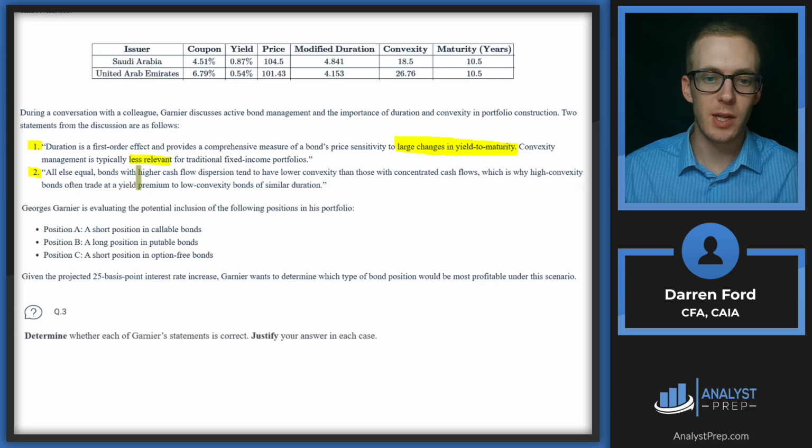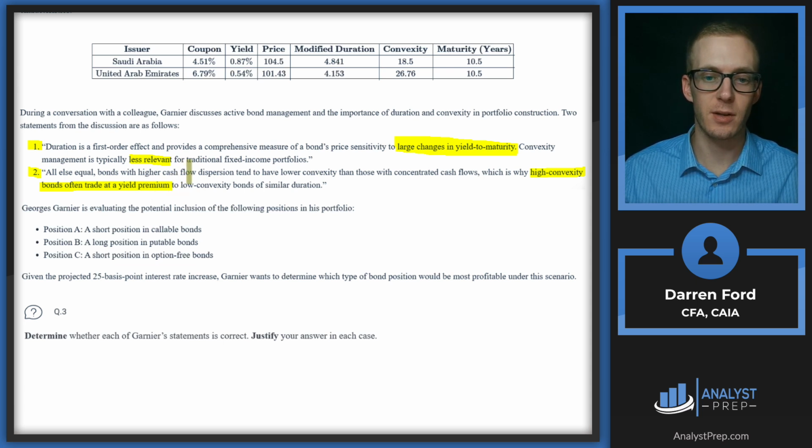Then 2, all else equal, bonds with higher cash flow dispersion tend to have lower convexity than those with concentrated cash flows, which is why high convexity bonds often trade at a yield premium to low convexity bonds of similar duration. So this one's also going to be incorrect, and the reason is this part right here. High convexity bonds often trade at a yield premium to low convexity bonds. They're actually going to trade at a yield discount.